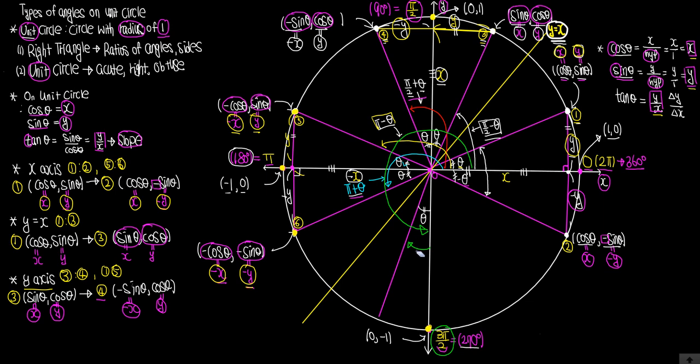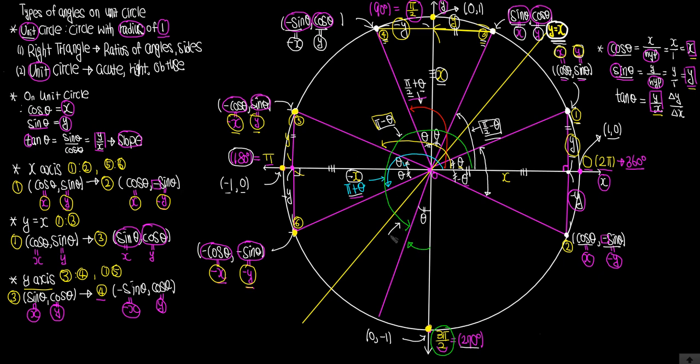So in order to solve for the angle measurement, from the 3 pi over 2, you need to subtract the amount of theta, such as this, and you will get the total angle measurement that I just colored with the green color.